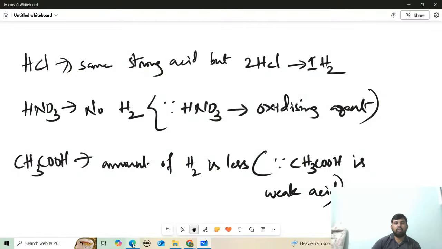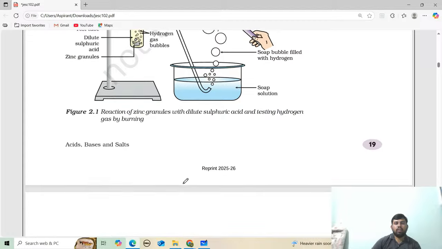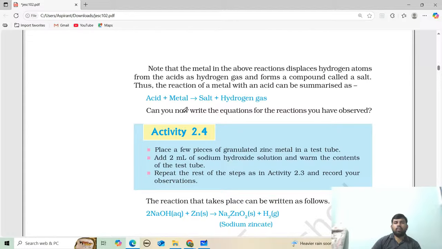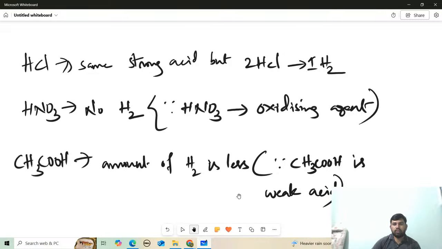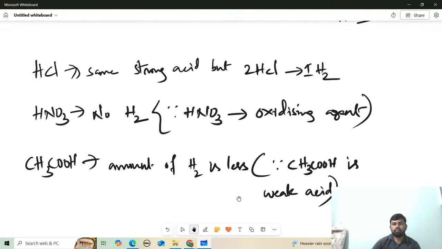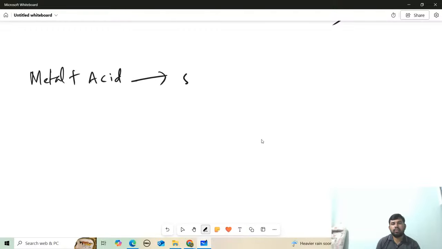Now come to the next one. Metal plus acid. By this equation, finally, there is a conclusion here. When there is a reaction between metal plus acid, it gives salt and hydrogen gas.